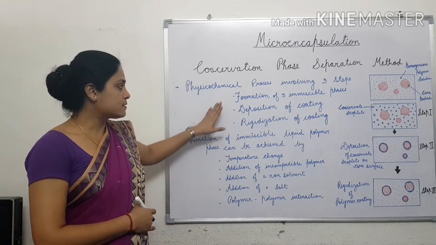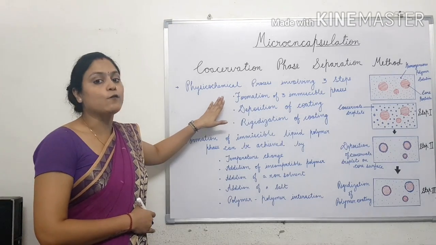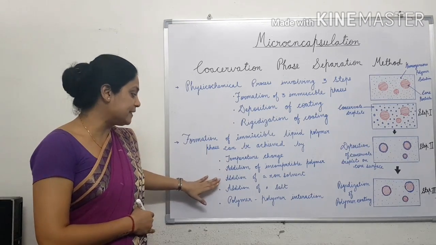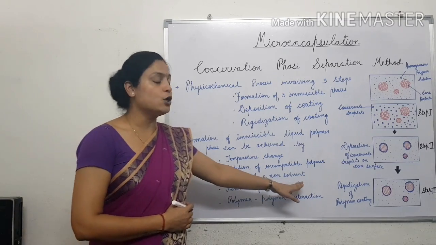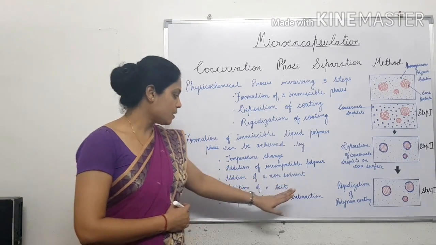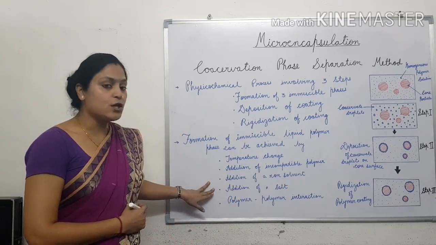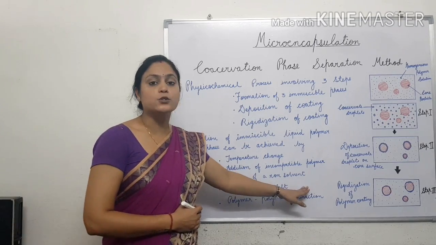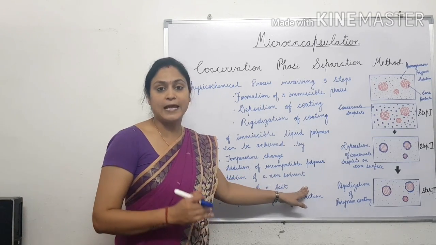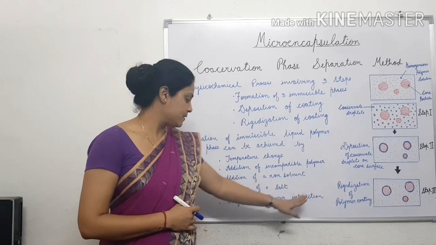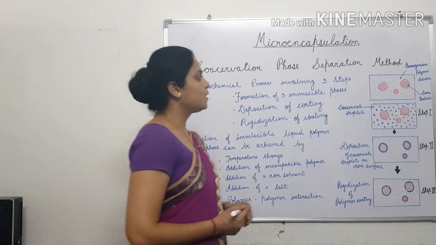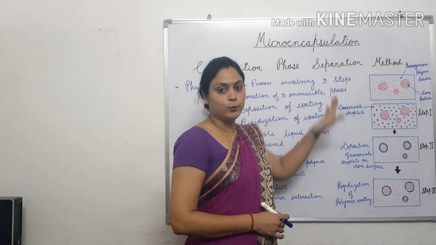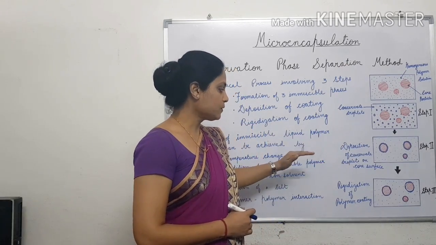The formation of the immiscible phase or formation of coacervate can also be brought about by addition of any non-solvent, or by addition of any salt, so that the solubility of the coating polymer in the solvent decreases, or by polymer-polymer interaction. Okay, let's understand this process in detail.